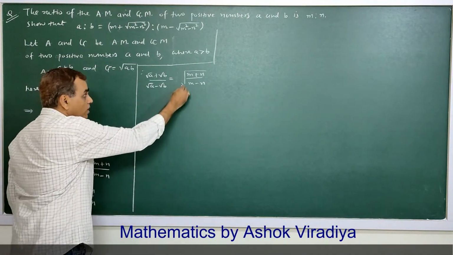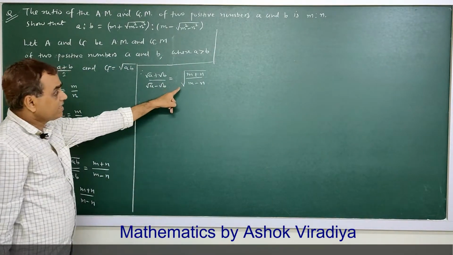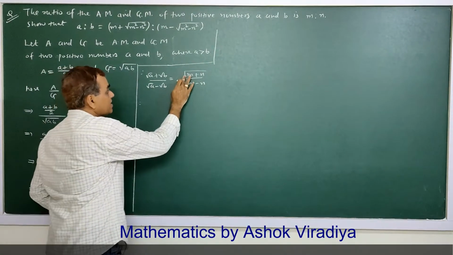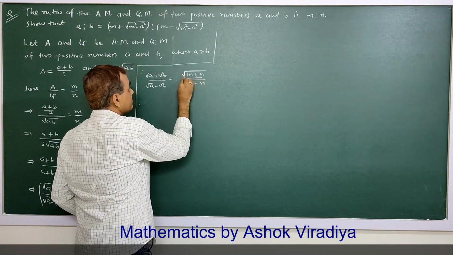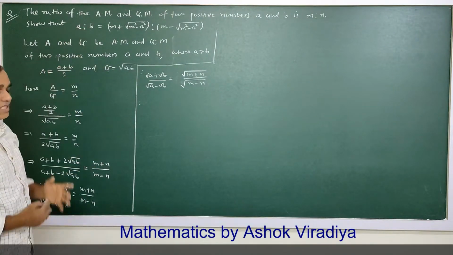Now see once again, this radical sign is over m plus n, m minus n. So observe this as individual sign, root (m plus n) upon root (m minus n). We want the ratio of a and b.